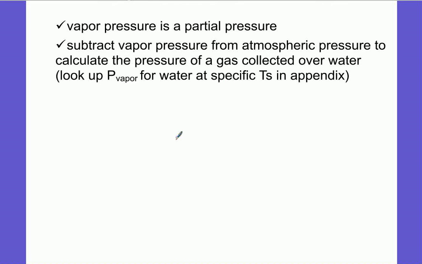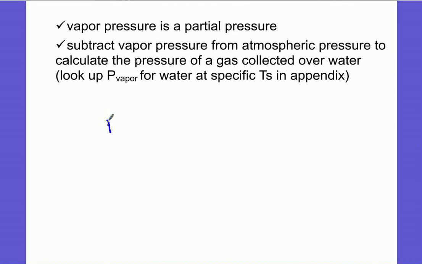But in order to figure out what the actual pressure of the gas that you collected is, all you have to do is subtract a vapor pressure that you can look up in an appendix. There are these specific pressures for water at specific temperatures. And if you just subtract those off of what your pressure is in the container, that should give you the pressure for whatever gas it was that you were collecting.